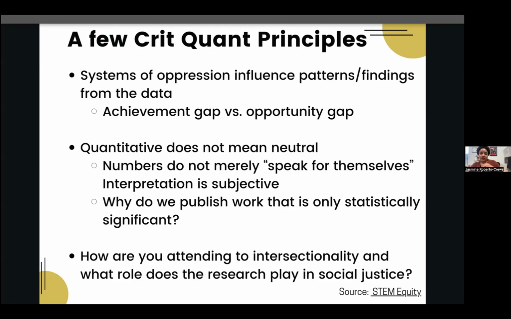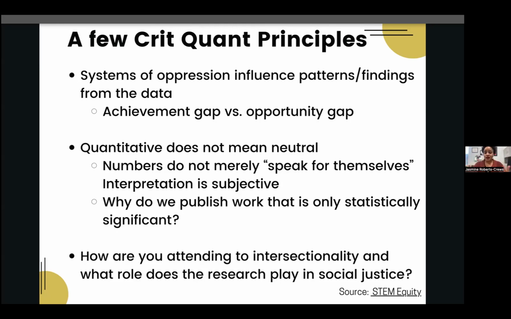Like I said earlier, and again, I'm not a quantitative researcher, but my assumption is that if you're trying to do some type of regression and figure out what variables to use, isn't that a subjective process, and the numbers don't exactly speak for themselves? And even just the interpretation of the data, that is subjective.